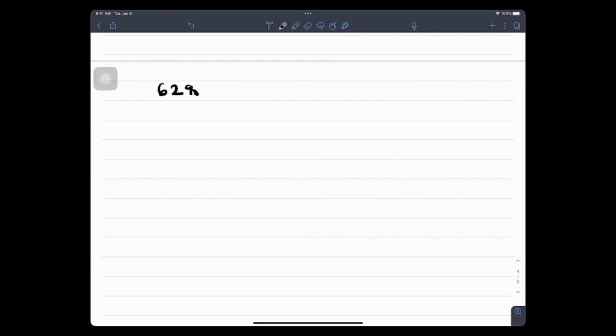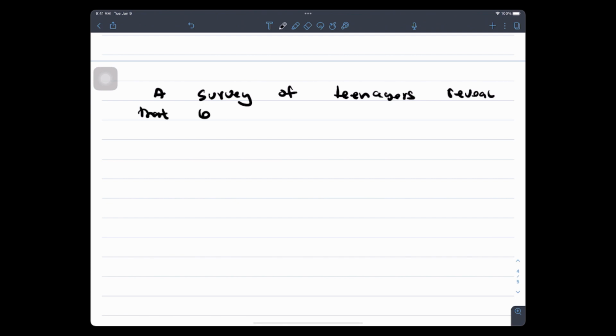62%. A survey, we're going to have to say that. I got to get you guys used to the language. A survey of teenagers reveals that 62% will vote for Taylor Swift.